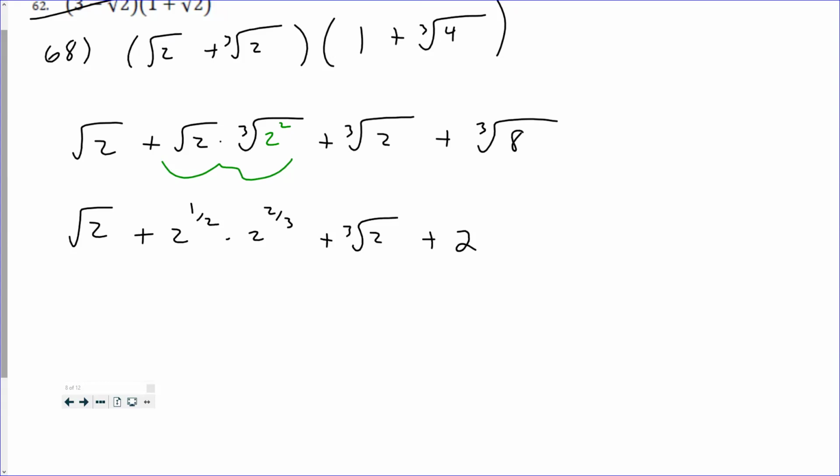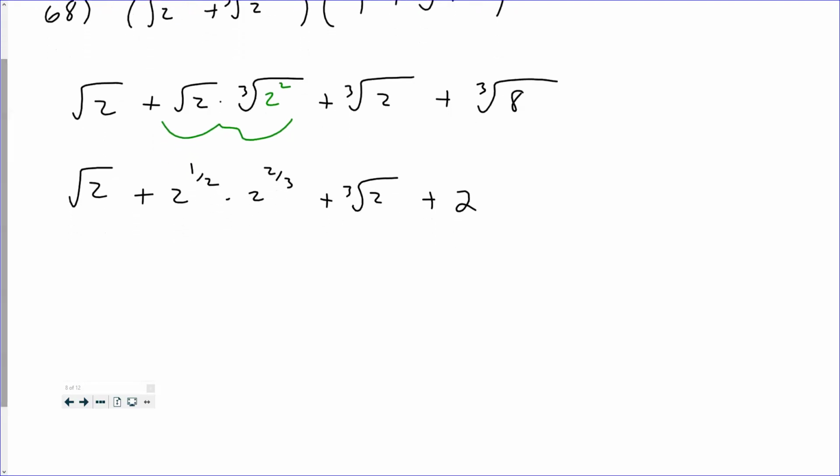I'm only going to change my radicals into exponents if I can actually do something with it or if I need to for some reason. The root 2 and the cube root of 2, there's no need to change them because I'm not going to do anything with them. But the middle part, I am going to deal with. So 2 to the 1/2 is the same thing as 3/6, and this 2/3 is the same as 4/6.